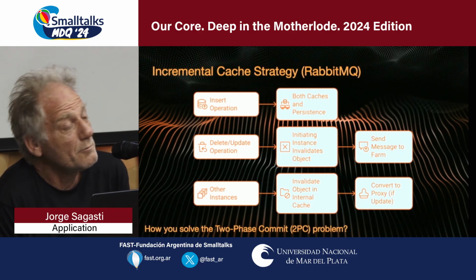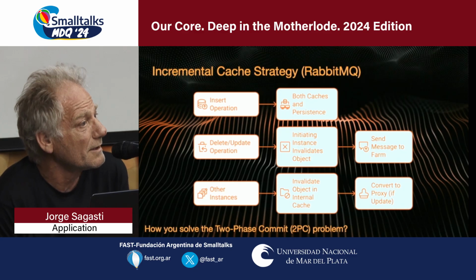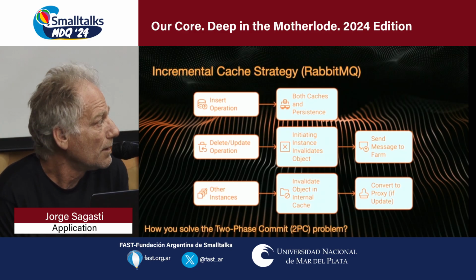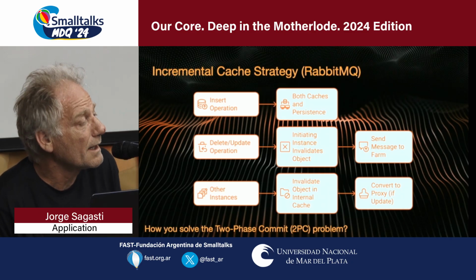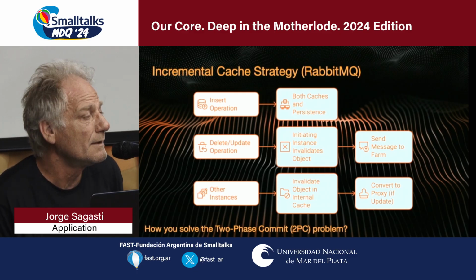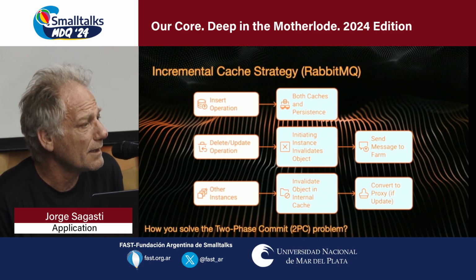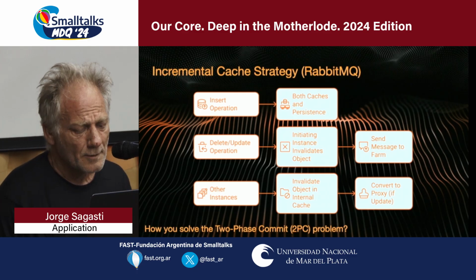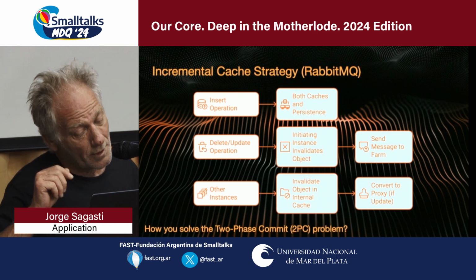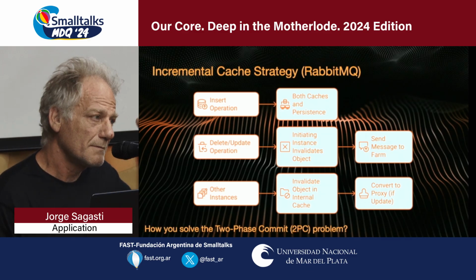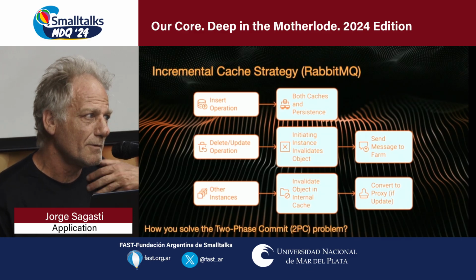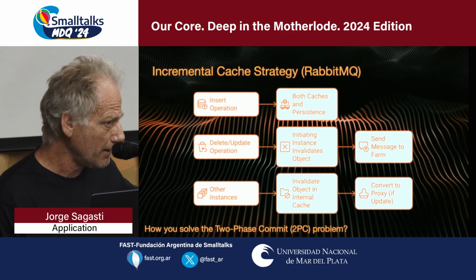It's simple, but it took us a lot of time to implement it and make it work in a timely fashion, because it's quite hard with so many transactions and a lot of things can happen. If you don't know what a two-phase commit problem is, I'll explain it and you can ask me that question later.